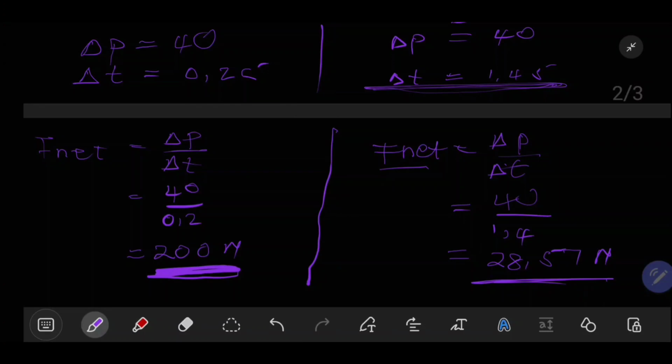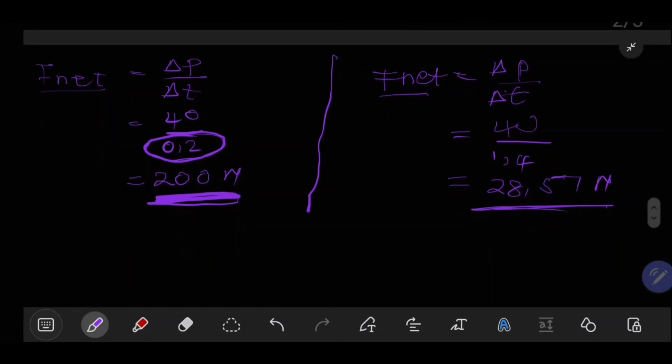So when there is a shorter time, the force of impact will be large. But the more the time, the less the force of impact. So the technology and the airbags today, they're trying to make the time as large as possible so that the force of impact will decrease. So people won't get too many injuries when they are involved in a car accident.